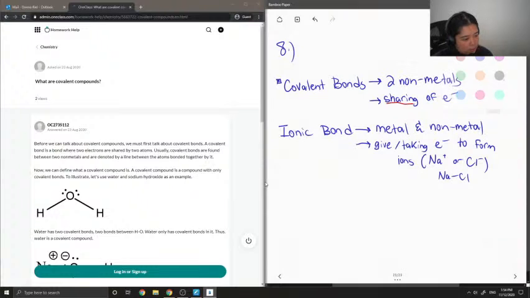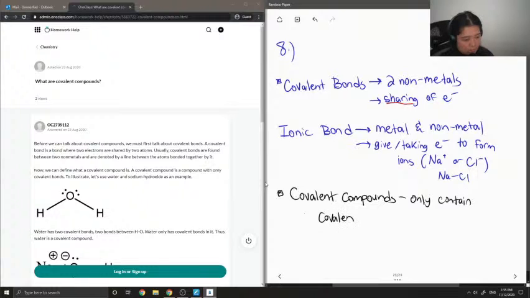So back to the original question, covalent compounds only contain covalent bonds. So pretty straightforward. If you see a metal in the compound, you already know it won't be considered a covalent compound because it would have an ionic bond in it.